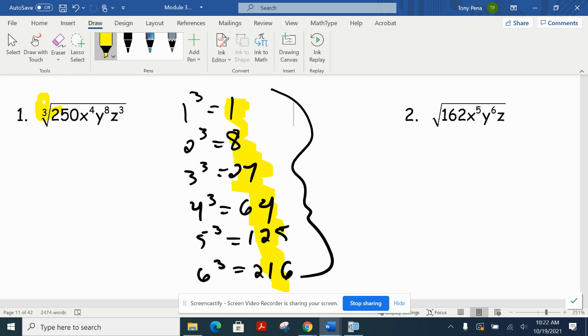Here's one set of 3. Another set of 3. So 2 sets of 3.